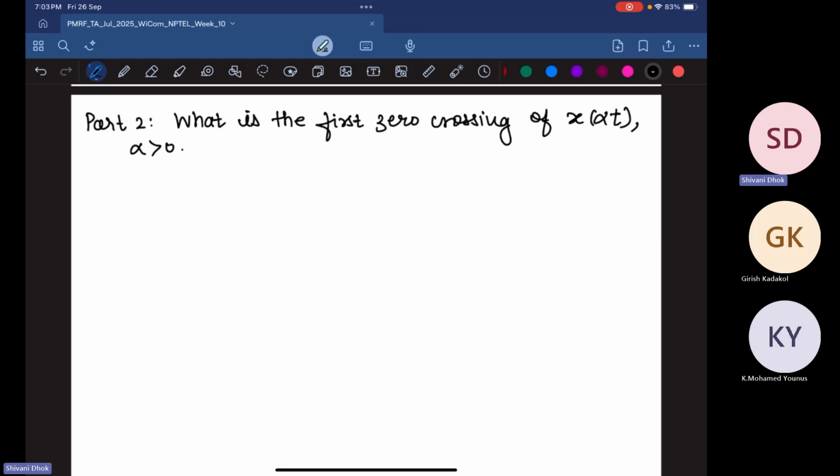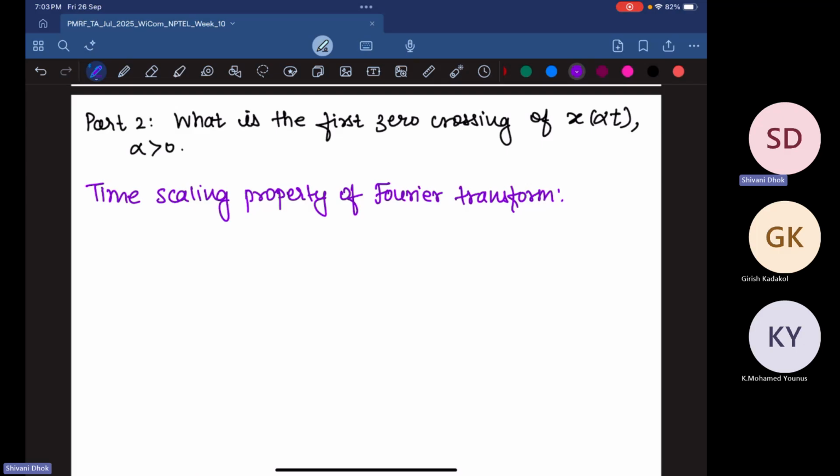For that, we'll first look at the scaling property, or time scaling property, of Fourier transform. If x of t has a Fourier transform of X of f, then x of alpha t has a Fourier transform, let's say X tilde of f. We'll consider alpha greater than 0 for this question.